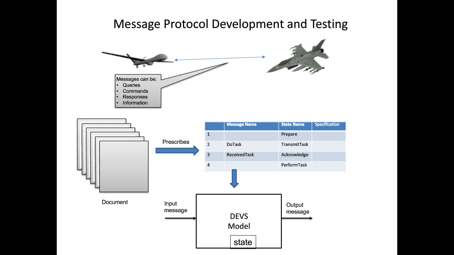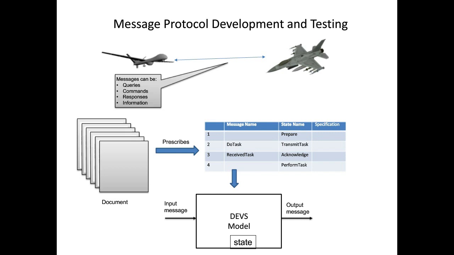In the sense that it can accept input messages and generate output messages that represent, in each case, the entities that are involved. And they go through their states as they receive these messages and transition to other states and generate outputs.